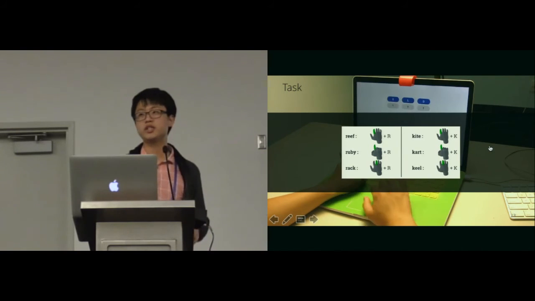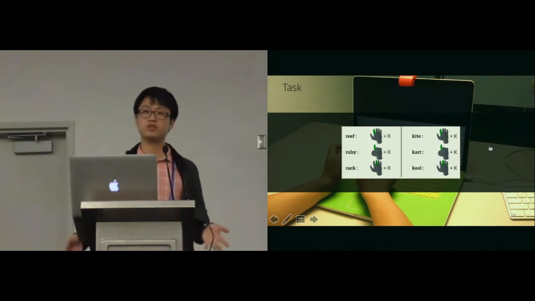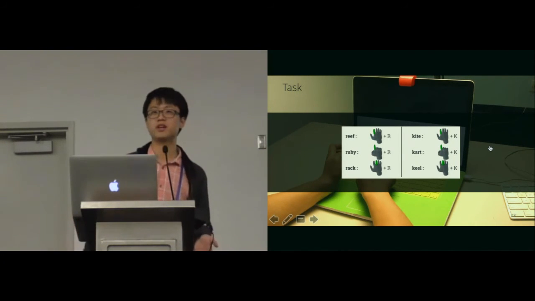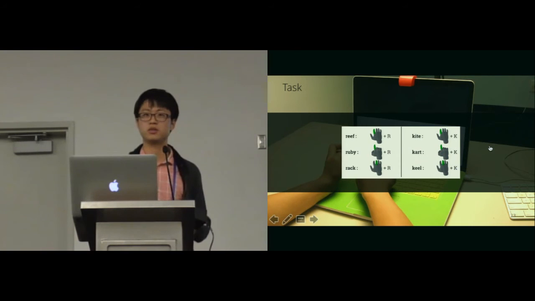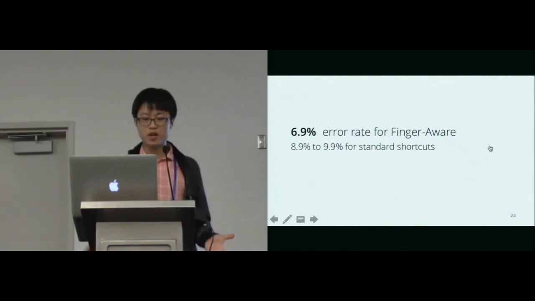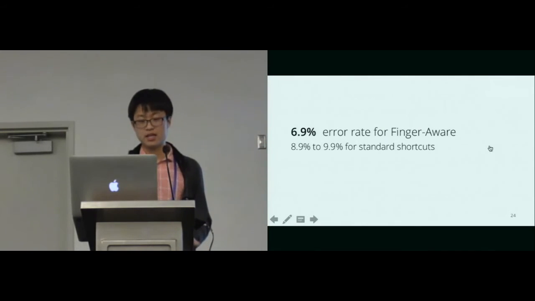We did a multiple block study, and we actually found that cheat sheet view time and count dropped sharply after the first block, so the participants mainly relied on their memory to perform this task. This gives us a pretty reasonable error rate of 6.9, which is comparable to other standard shortcuts.